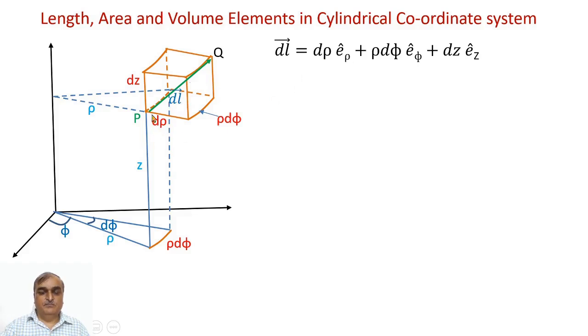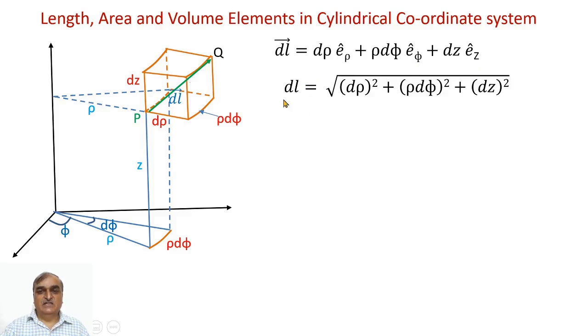This is the magnitude of the change, and the unit vector is e rho cap. Therefore, d rho into e rho cap is the component along rho curve, this is the component along phi curve, and this is the component along z curve. Here d rho, rho d phi, and dz are the magnitudes, and e rho cap, e phi cap, and ez cap, the unit vectors, give the direction of the change.